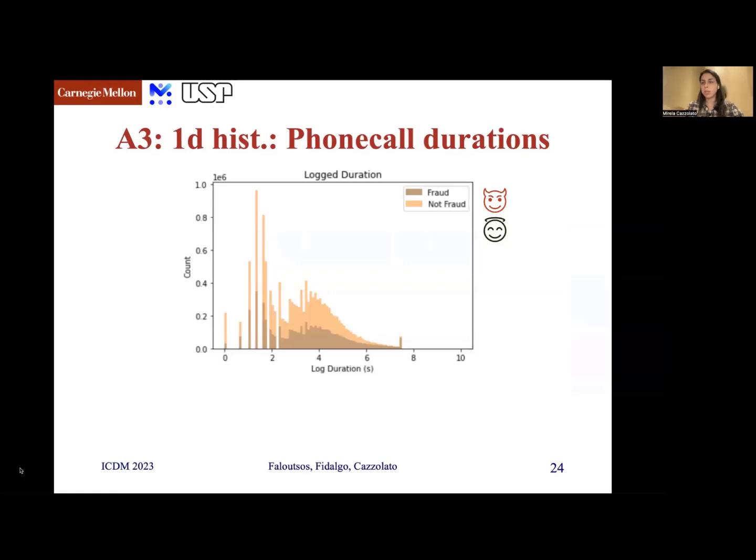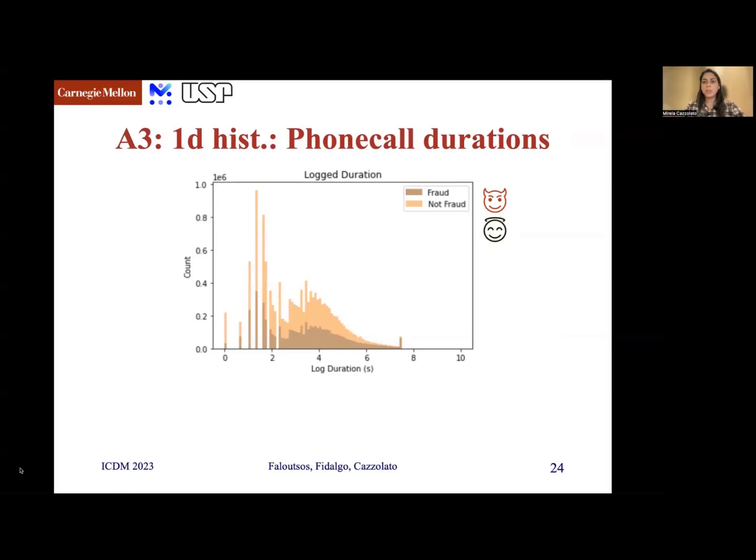After that, we have one-dimensional histograms, and we can plot, for example, the call duration distribution that we show in the slide. Also, we use log scale, which is important for the amount of data that we are dealing with.